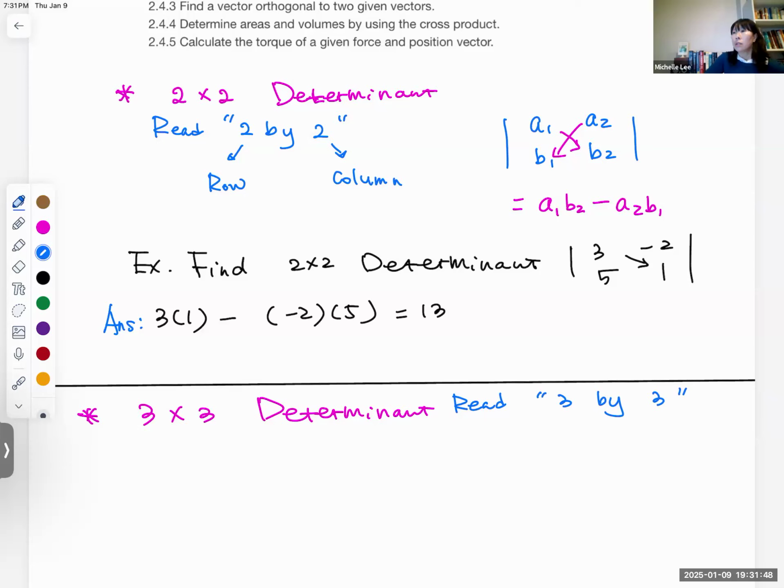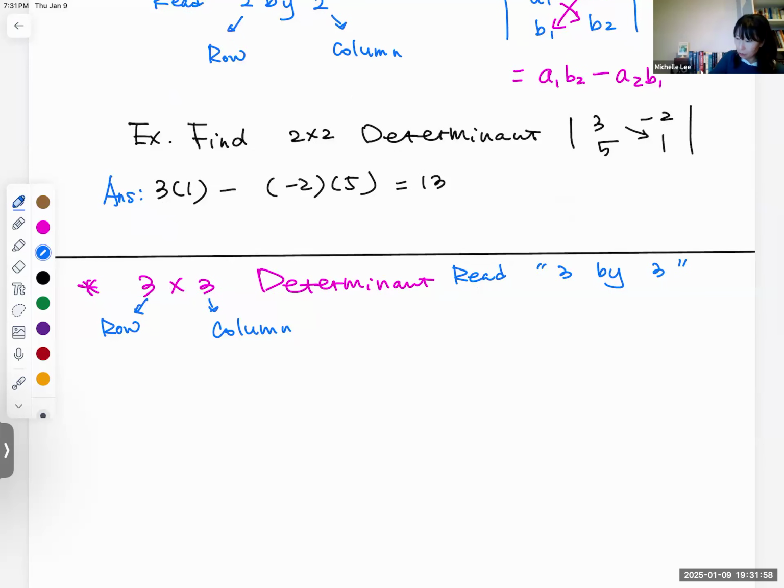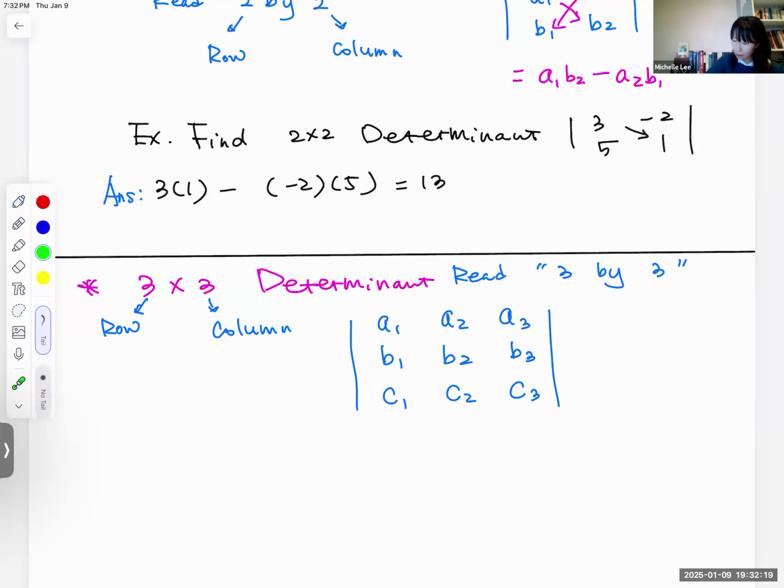Okay, so same, this is a row. This is a column. So let's denote this way. A sub 1, A sub 2, A sub 3, that is a row, right? B sub 1, B sub 2, B sub 3, that's the second row. C sub 1, C sub 2, C sub 3, that's the third row, right? And then this is a column: A sub 1, B sub 1, C sub 1. That's the first column, second column, third column, right?